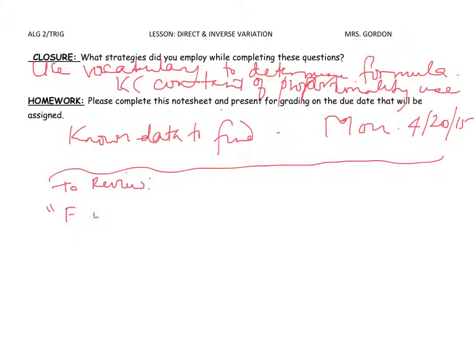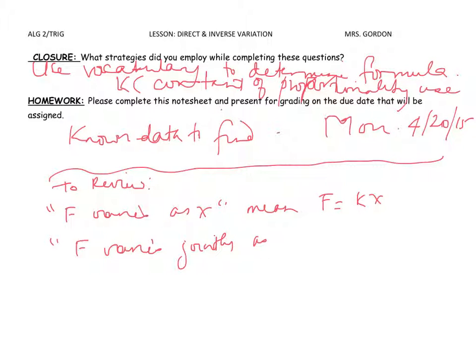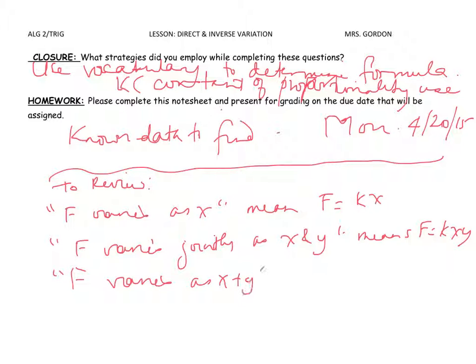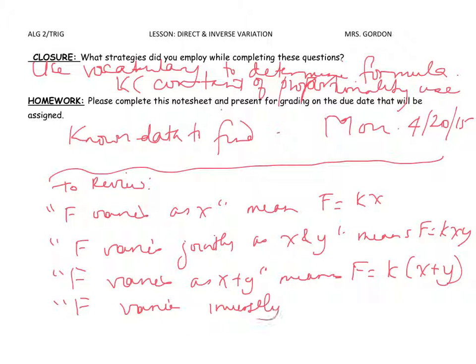If you hear F varies as X, then it means that F is equal to K times X. F varies jointly as X and Y means that F is equal to K times X times Y. If F varies as X plus Y, it means that F is equal to K times parentheses X plus Y. If F varies inversely as X, it means that F is equal to K over X.